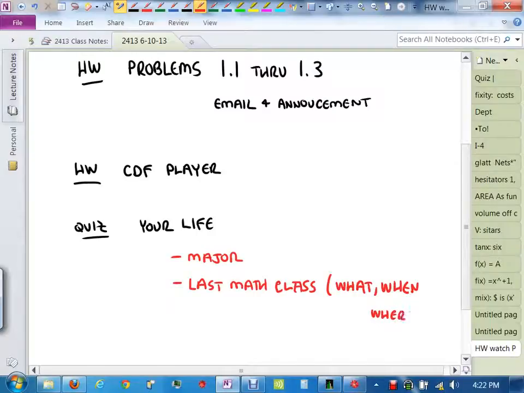So your last math class was pre-cal during spring 2013, here at Northwest Vista College, or pre-calculus in high school 13 years ago, right? I just want to know that sort of information.